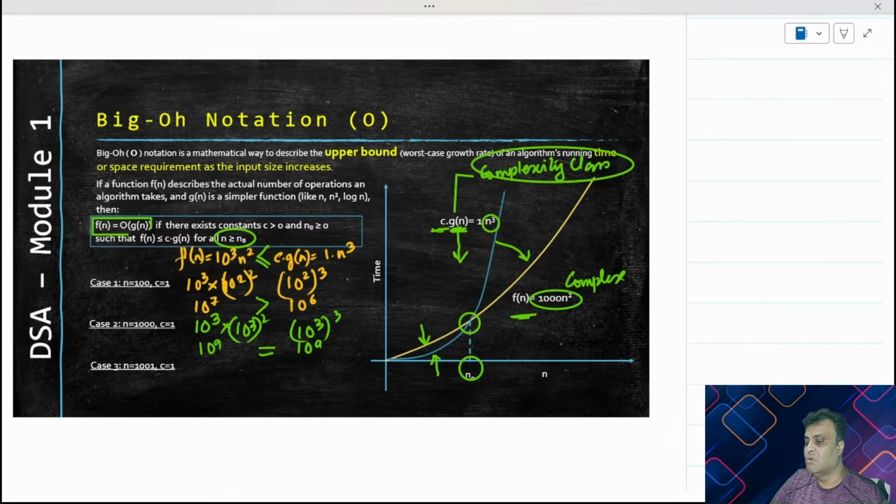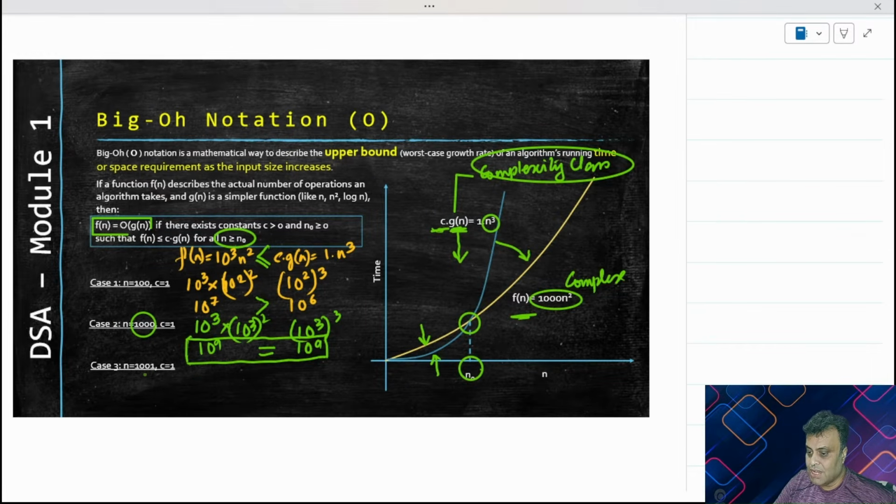So we have an equal to here. So this is basically what we call the inflection point. This is the point where your n0 is 10 to the power 3, you have the blue line touching the yellow line, which means your c dot gn is actually trying to cross Fn.